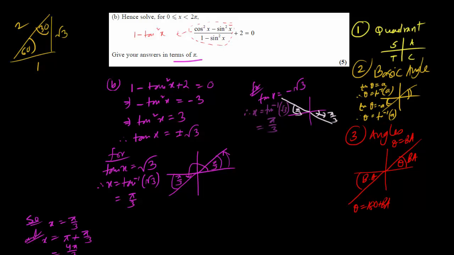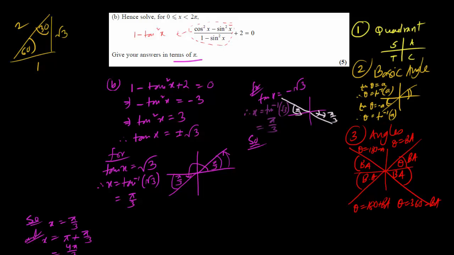So what we have to do is select it. So step 3: if in the second quadrant the basic angle is this, then theta would be 180 minus the basic angle, and in the fourth quadrant, if the basic angle is this, then theta would be equal to 360 minus the basic angle. So that is the idea.